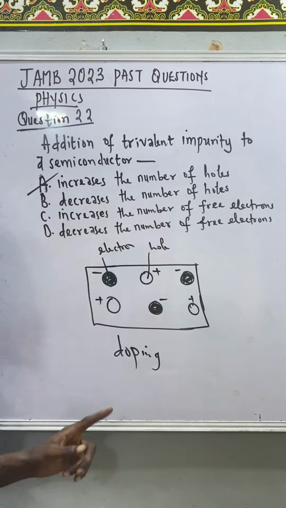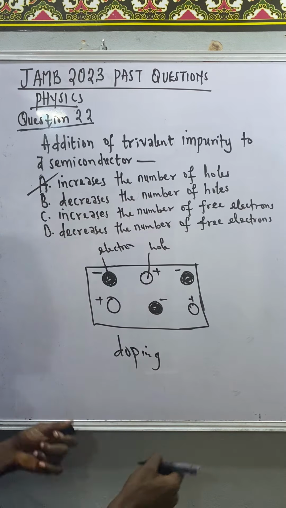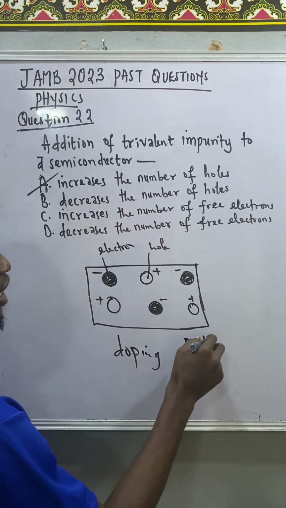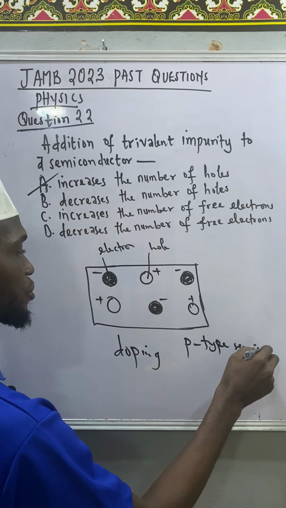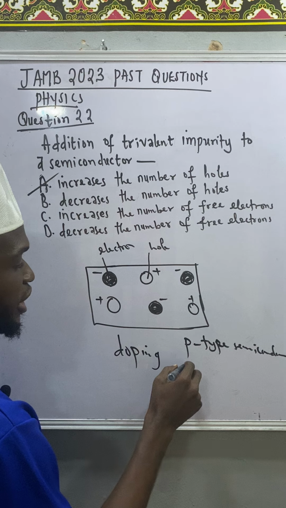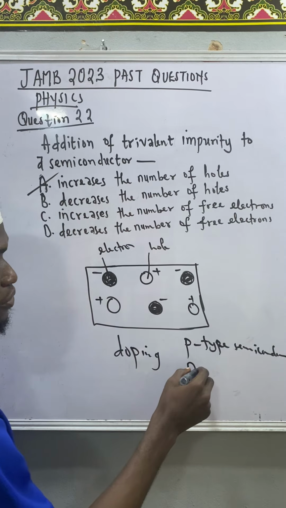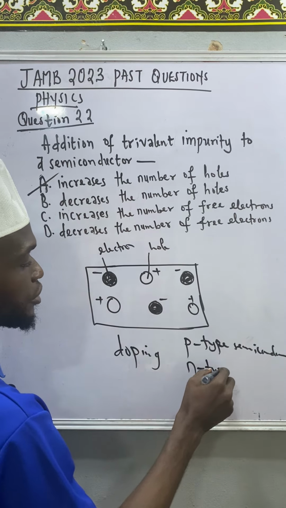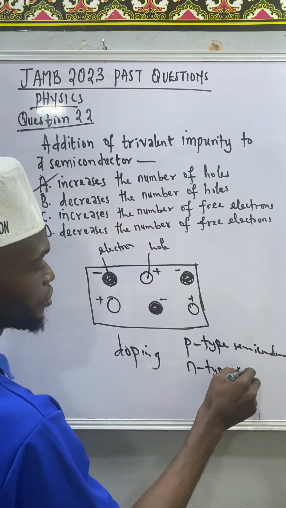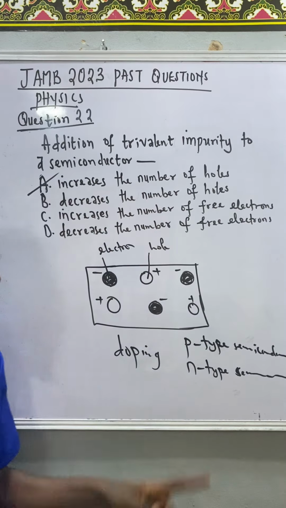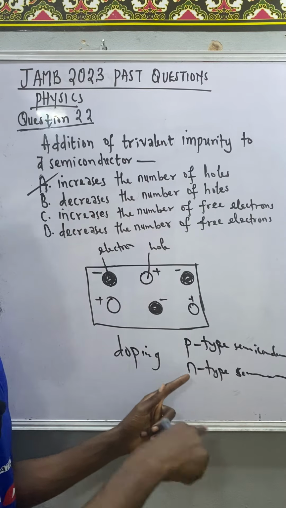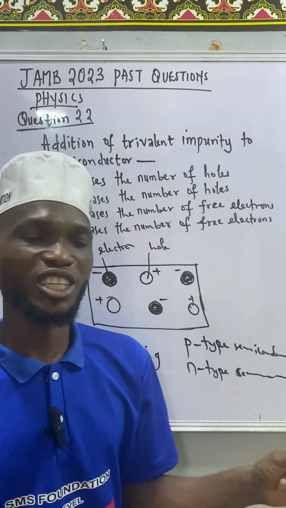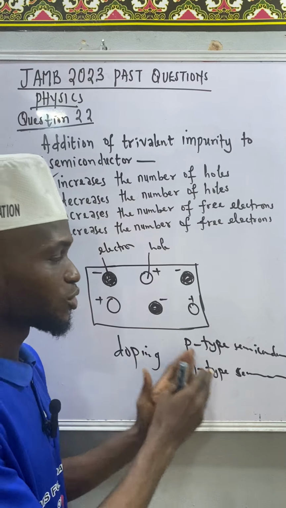If we turn it to positive semiconductor, that's called P-type semiconductor. Then, if we turn it to negative, we call it N-type semiconductor. By doing this, that means we have turned it to impure semiconductor. It is impure semiconductor that is always like this.